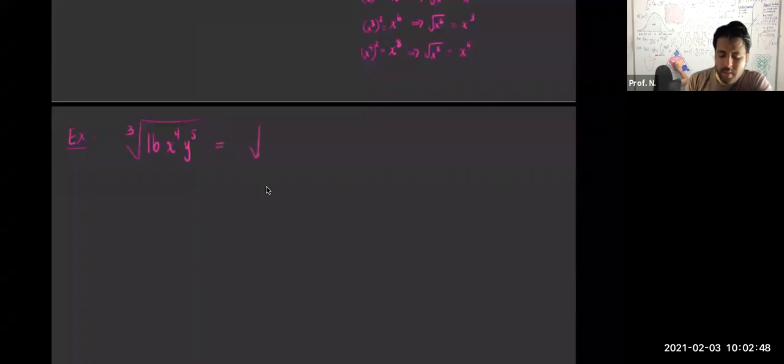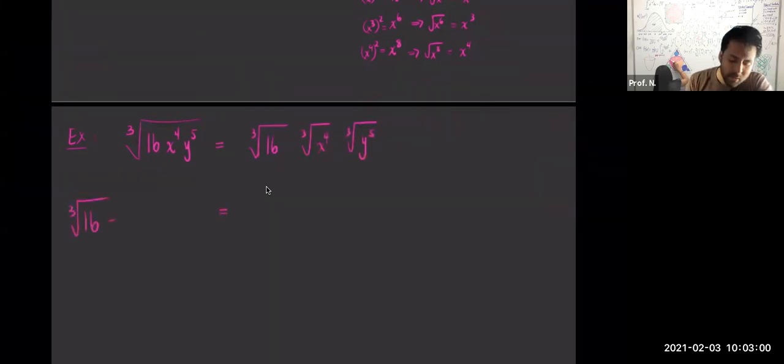Again, I can take everything individually: the cube root of 16, the cube root of x to the fourth, the cube root of y to the fifth. The cube root of 16 is the cube root of 8 times the cube root of 2, which is 2 times the cube root of 2. I already know what this is.